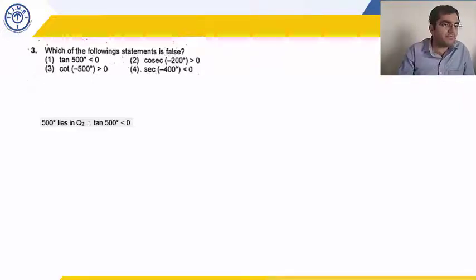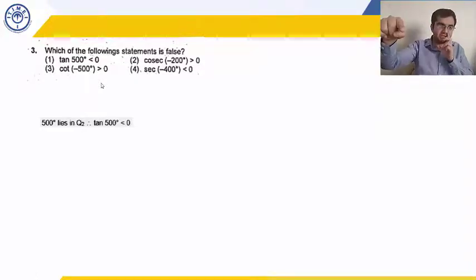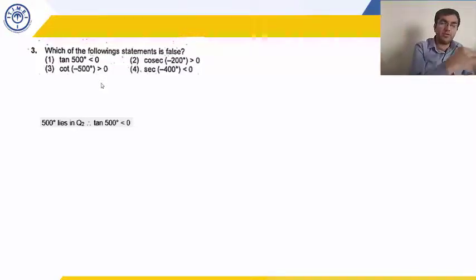Next, cot of minus 500, but we have to go in the opposite direction. So let's go in the opposite direction. First, we completed 360 degrees, and then we completed another 140 degrees to land in quadrant number 3. Quadrant number 3 is minus 500 degrees.